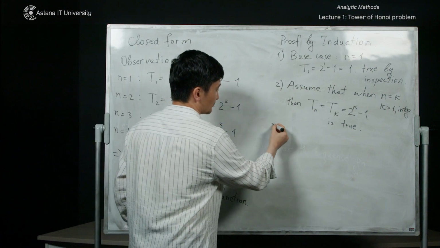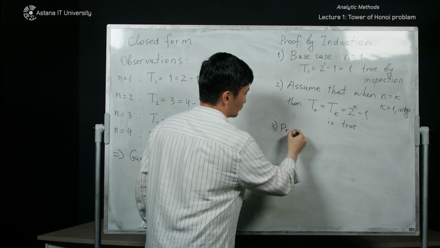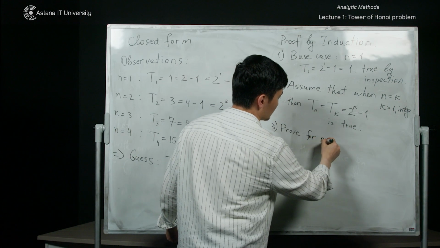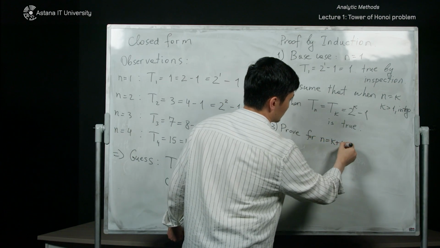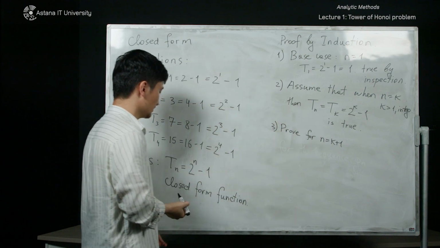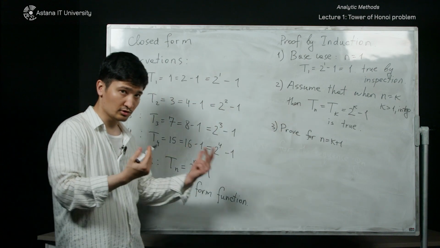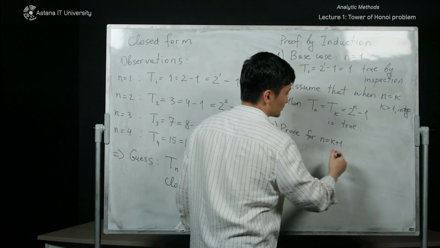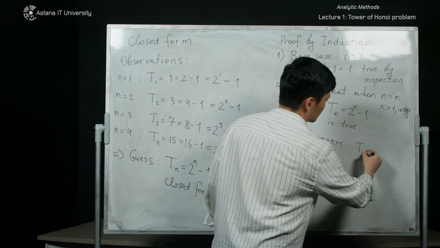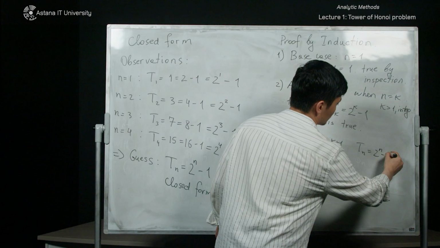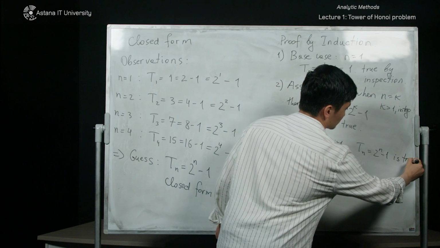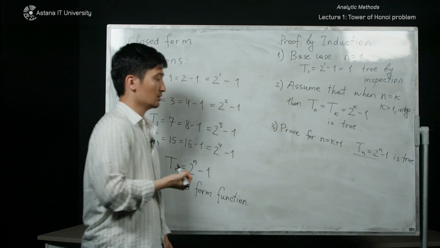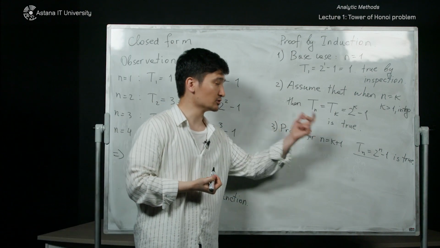Now in the third step, we're going to prove that for n equals k plus 1, this formula also works, okay? So prove for n equals k plus 1 that Tn equals 2 to the power of n minus 1 is true. So we need to prove this. What does it mean, n equals k plus 1?